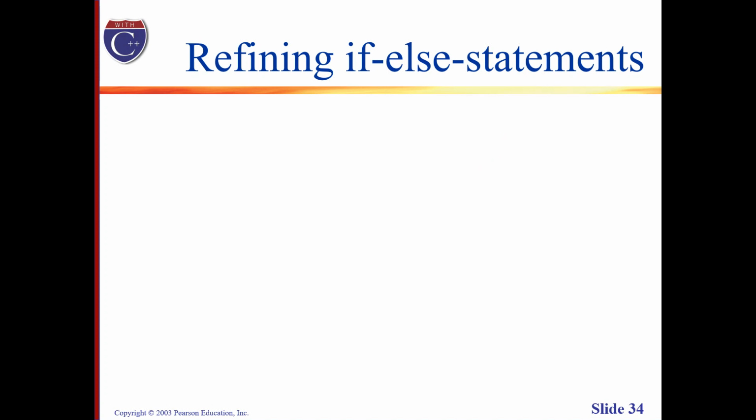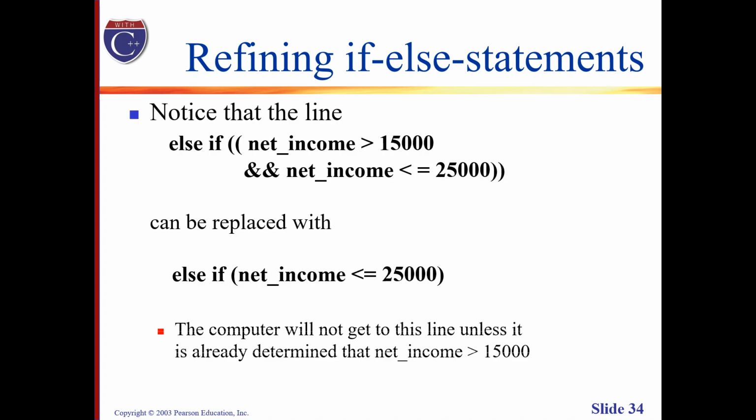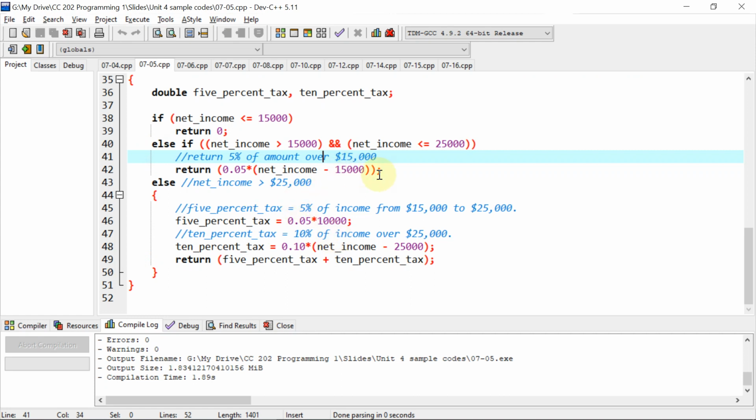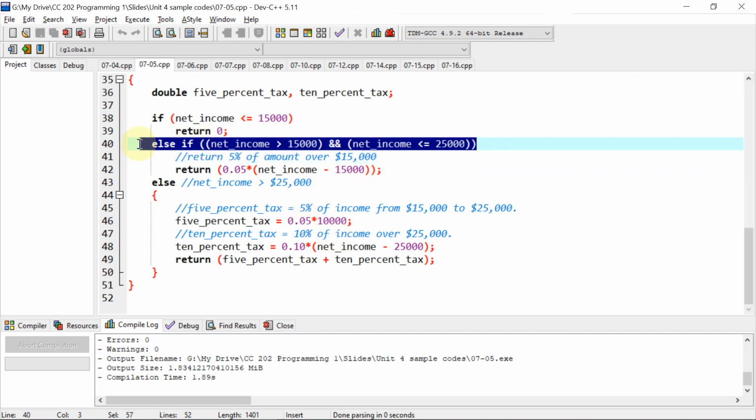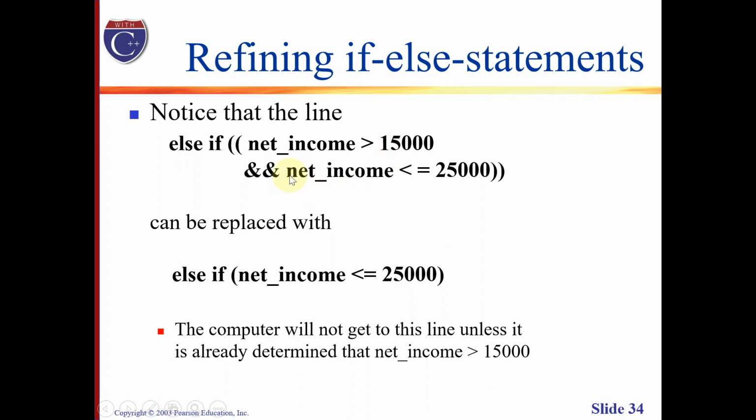So how do we refine if-else statements? Notice that we have the following line. Specifically, this line can be found in the second condition of our nested if-else statement. This if-else statement looks lengthy, but we can make it simpler and replace it with the following.